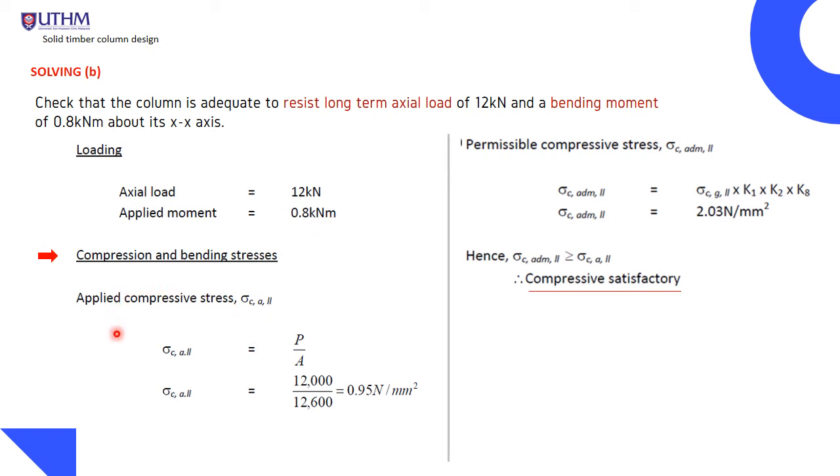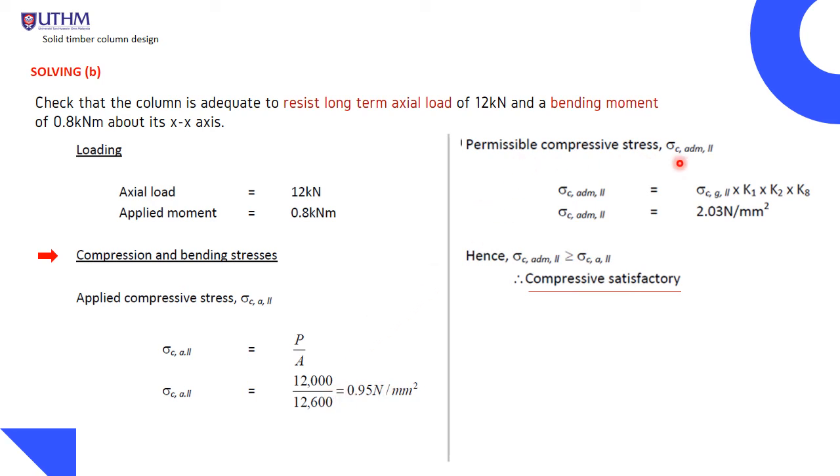We calculate the applied compressive stress equal to P over A. P is 12 kilonewton, which we convert to 12,000 Newton, divided by the cross-sectional area. We get the applied compressive stress of 0.95 Newton per millimeter square.